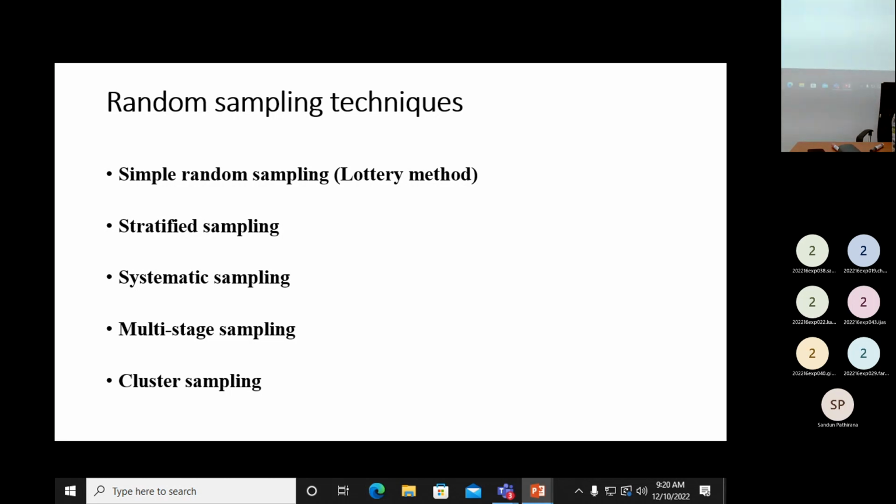According to that ratio, you select sample items from each stratification. That is called stratified sampling.